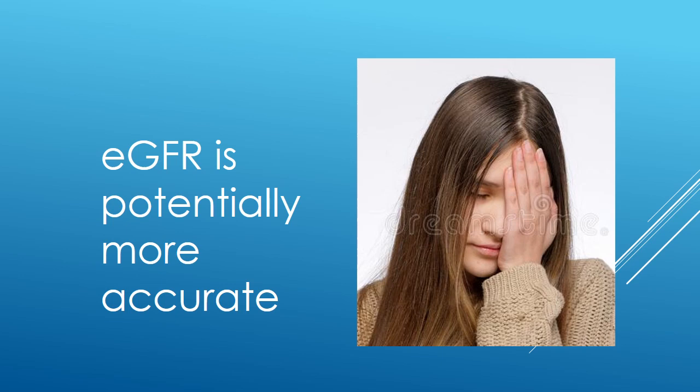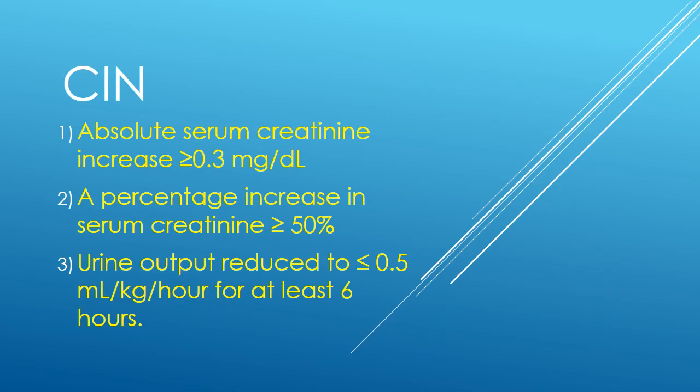Used properly, I think the only thing to be done is serum creatinine baseline in the potential risky cases. So here we have some definitions where you will say the patient has got a contrast-induced nephropathy, where there is an absolute increase in serum creatinine or a percentage increase in serum creatinine or a urine output which has reduced. The values are given in the slide for your reference.